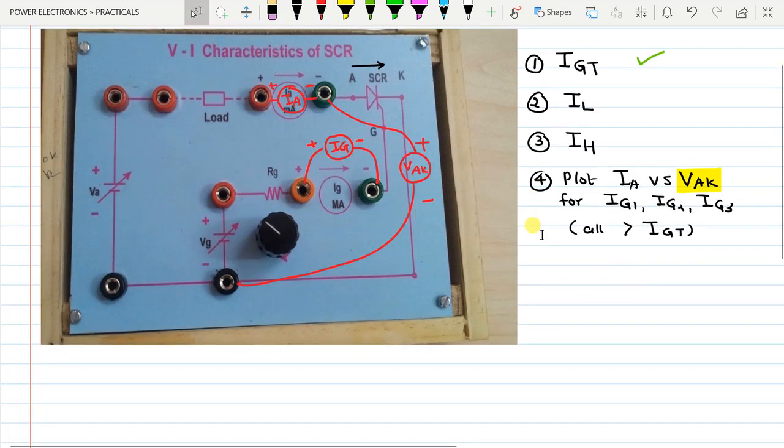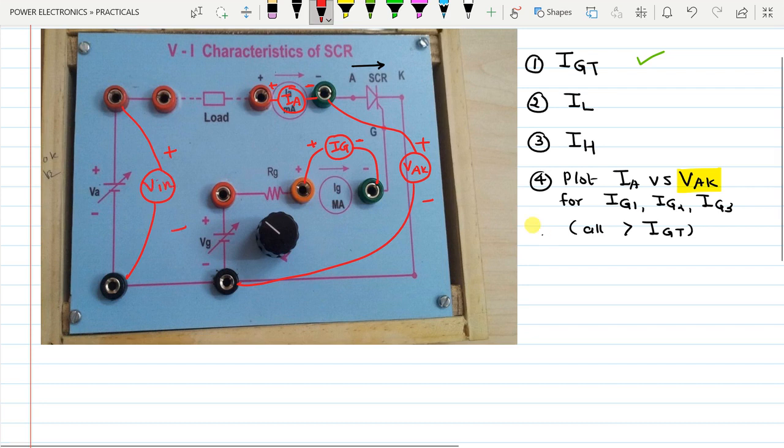And in order to check the status of the SCR, whether it is in the blocked condition B, or it is conducting but not latched, that is CBNL, or latch condition, we have to continuously compare the value of VAK with the input voltage. So we have one more meter here which will measure Vin.